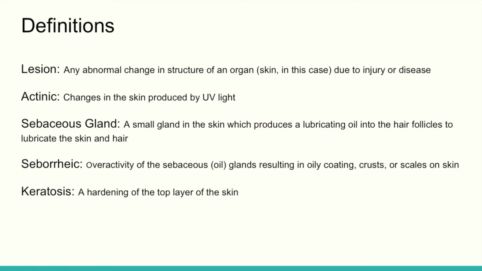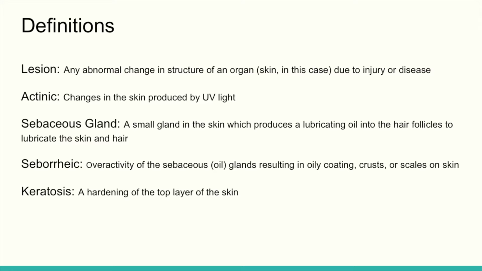So here are a couple of definitions before we get started. A lesion is any abnormal change in skin or really in any structure of an organ, and skin is the organ we're going to be talking about, and it's due to injury or disease. Anytime we say lesion or growth, we'll use them interchangeably, but a lesion means basically any abnormal change.